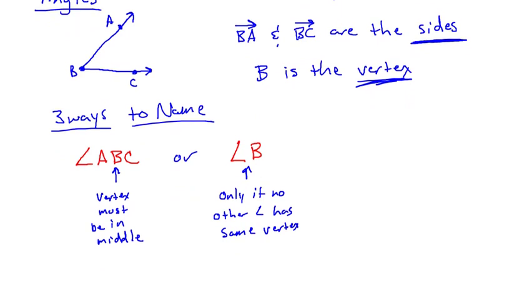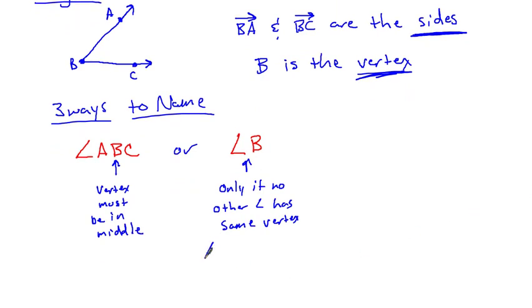Okay, so what I mean by that is, you see an angle like this, that's okay. But if you see an angle like this, and we have a B here, right? This is not okay, because I don't know if we're talking about the top angle, I don't know if we're talking about the bottom angle, or I don't know if we're talking about the entire big angle. So that we can't call angle B. And you'll see that soon. We'll practice it a lot more.